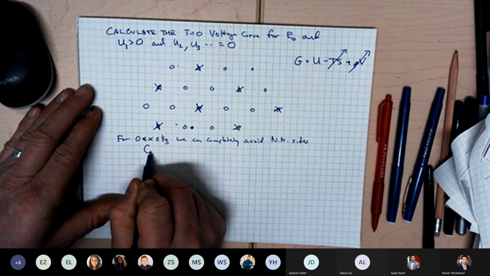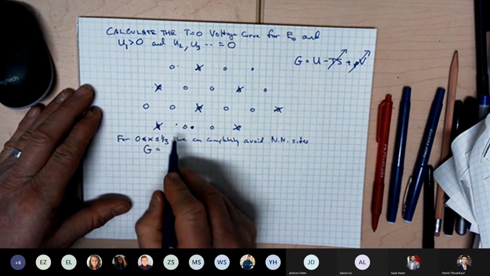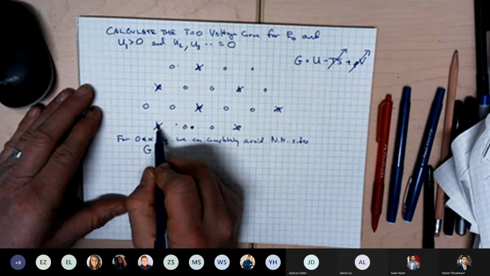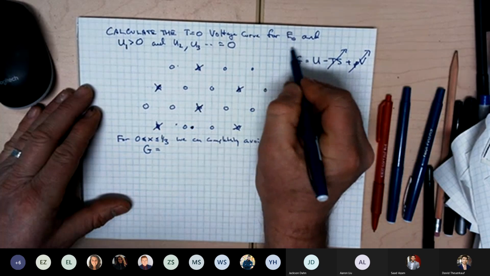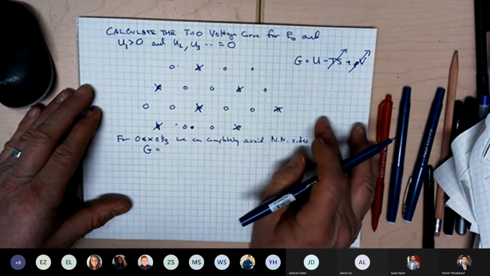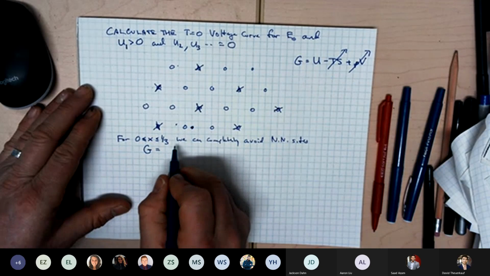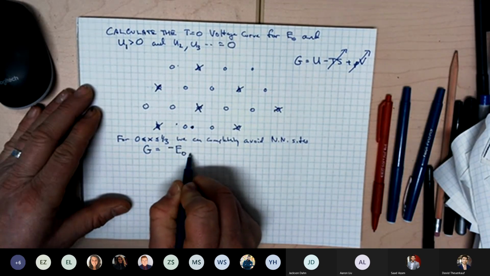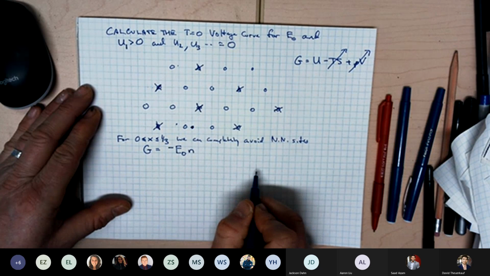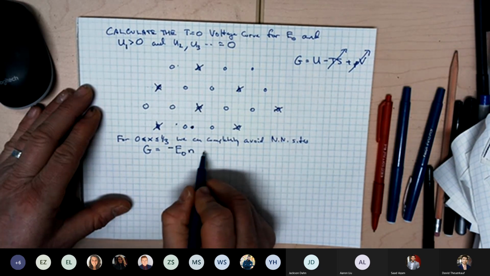So G will be just equal to the number of sites that are filled multiplied by the site energy, the energy that you get when the lithium falls into the site. So it's just minus E0 times N. So N is the number of sites filled.